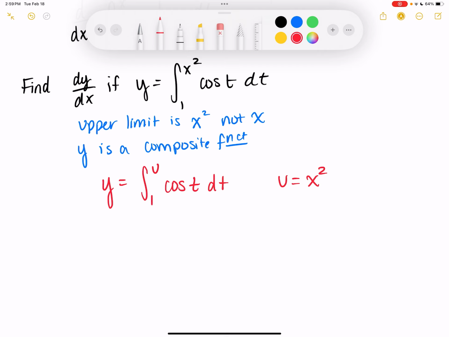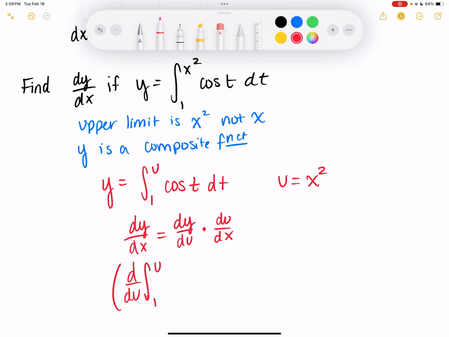So dy dx is equal to dy du times du dx. That means I have d du of the integral from 1 to u of the cosine of t dt, times du dx.